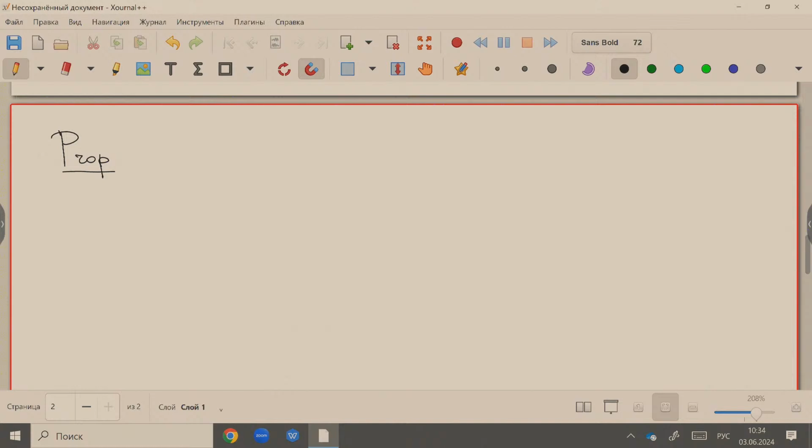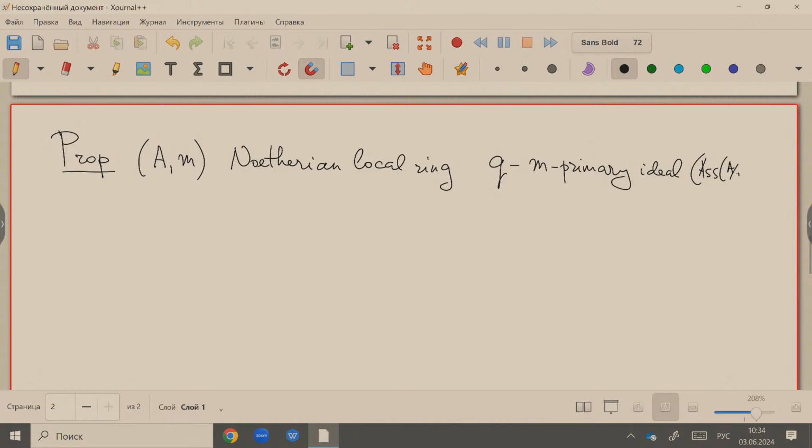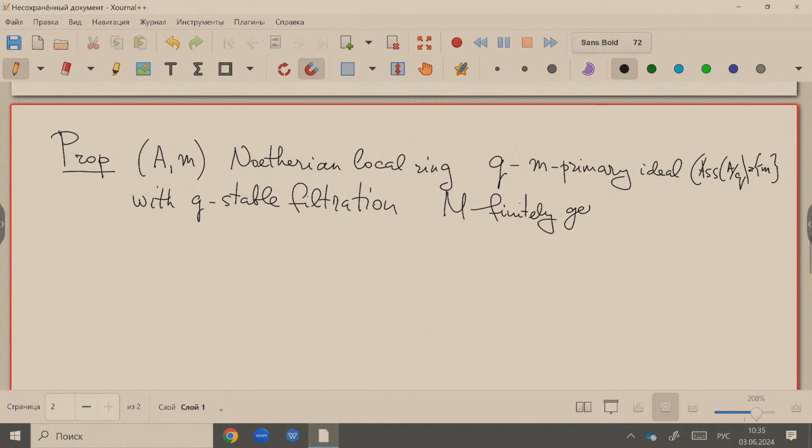Suppose you have a Noetherian local ring, Q is a primary ideal, and M is a finitely generated module with a Q-stable filtration.